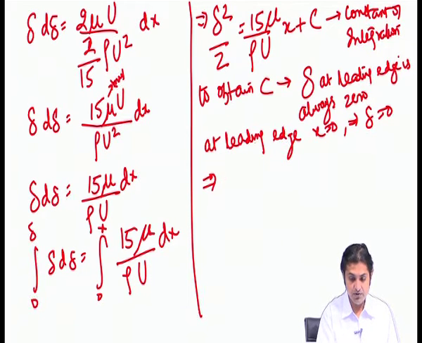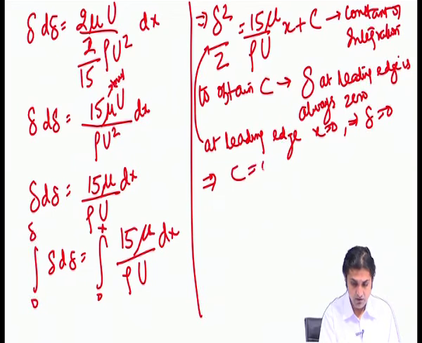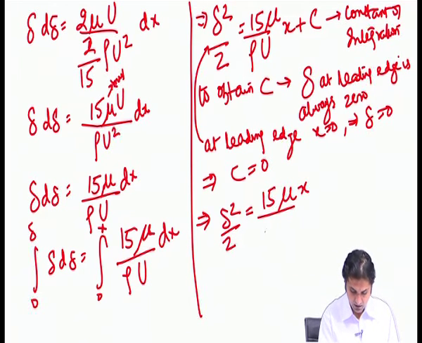If we substitute this in this equation, we get c is equal to 0. Therefore we can simply say the boundary layer thickness delta square by 2 is equal to 15 mu times x by rho U.